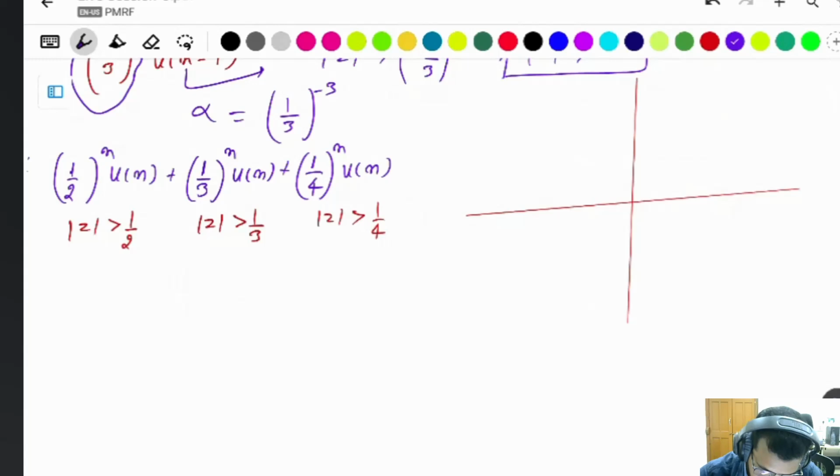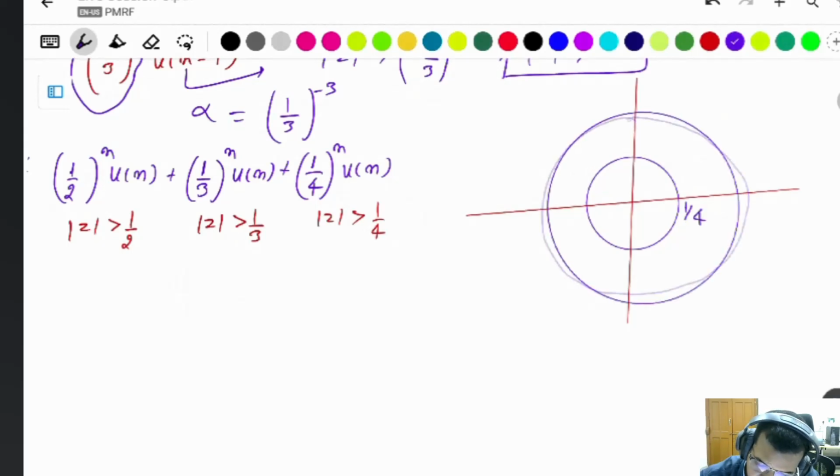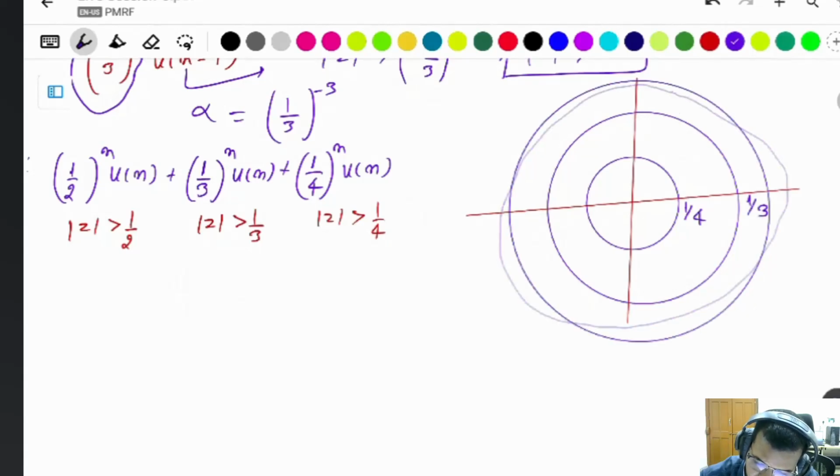There will be three circles. This is 1 by 4, 1 by 3 and 1 by 2. Suppose this one is 1 by 4, another circle 1 by 3, another one is 1 by 2.